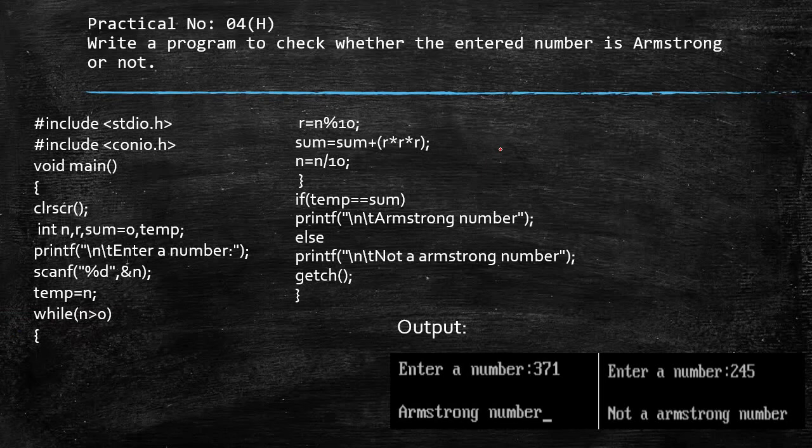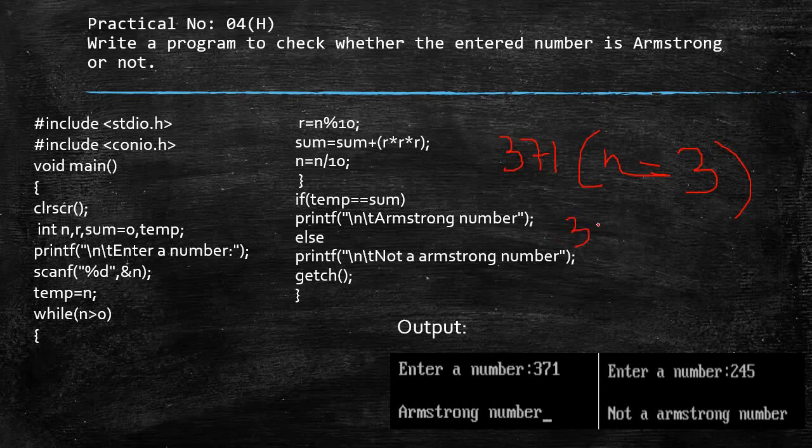Okay. Now for example, we will take the same number, that is 371. So over here my n is 3, because there are 3 digits, am I right? So it's a 3-digit number, and that's why the value of n becomes 3.